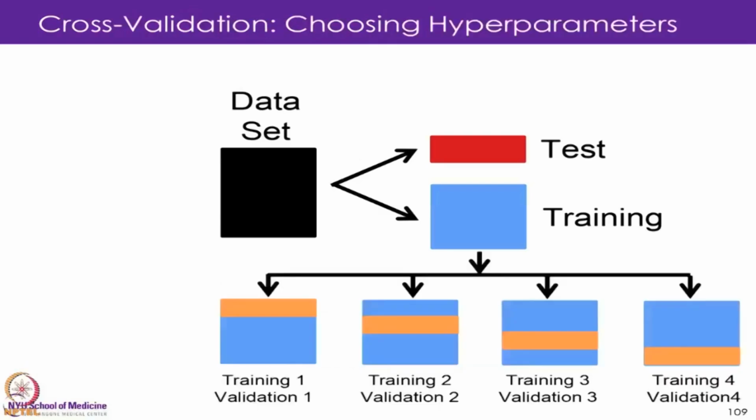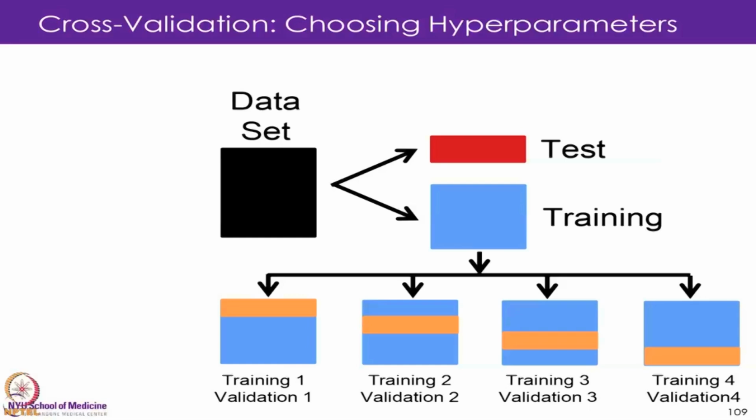So what we do is further divide the training set, many times. Here we have taken the blue region of the training set as the training, where we actually do the training, and then we use this yellow as validation, meaning that we define, for example, the learning rate, the regularization rate, and so on.